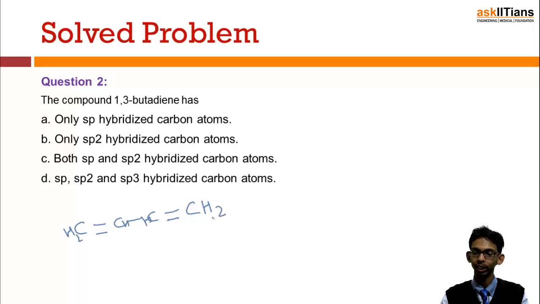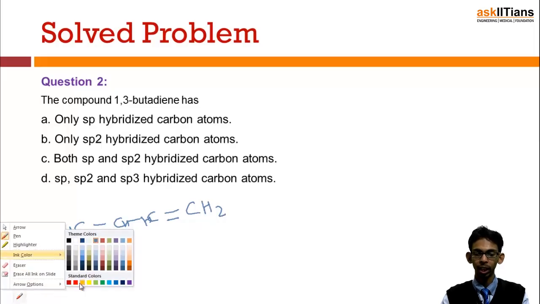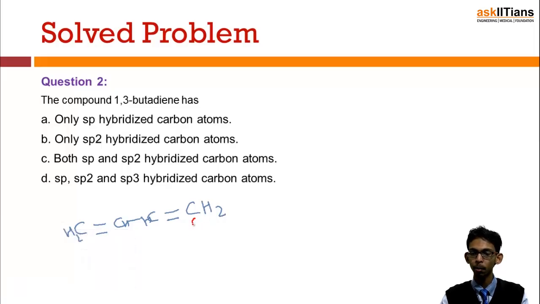This side also H2. So now let's find out the hybridization for every carbon. This is a double bonded carbon atom, it would be sp2 hybridized. Same here, again double bonded, sp2 hybridized. This is also double bonded sp2 hybridized, and this would also be sp2 hybridized. So there are 4 sp2 hybridized carbon atoms. So the correct option is it contains only sp2 hybridized carbon atoms.